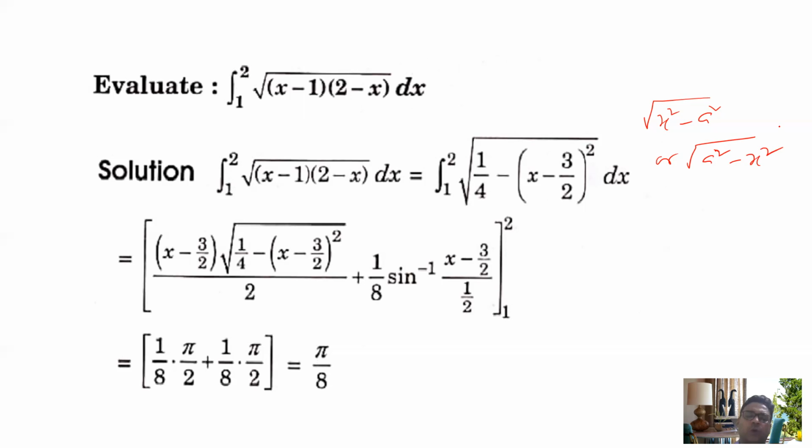Okay, so after simplification, what do you have? If you take 2 common, then you have this after multiplication.